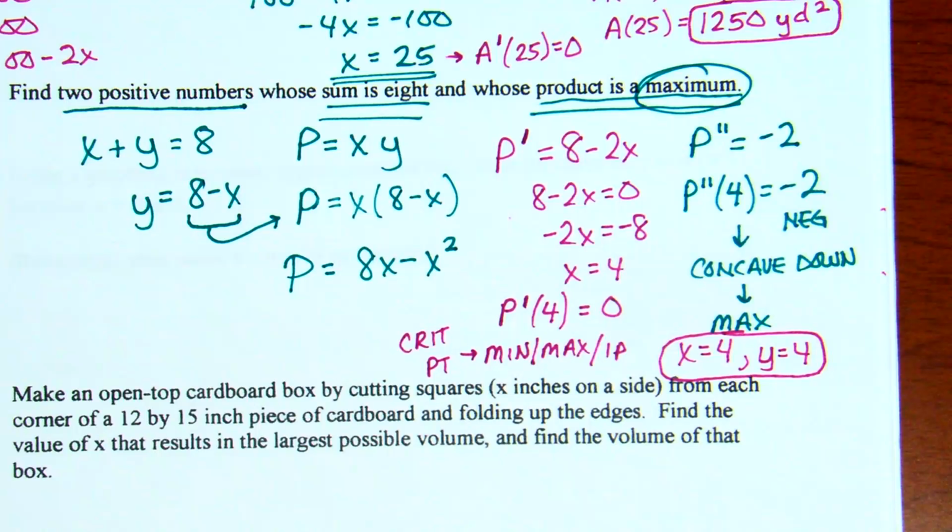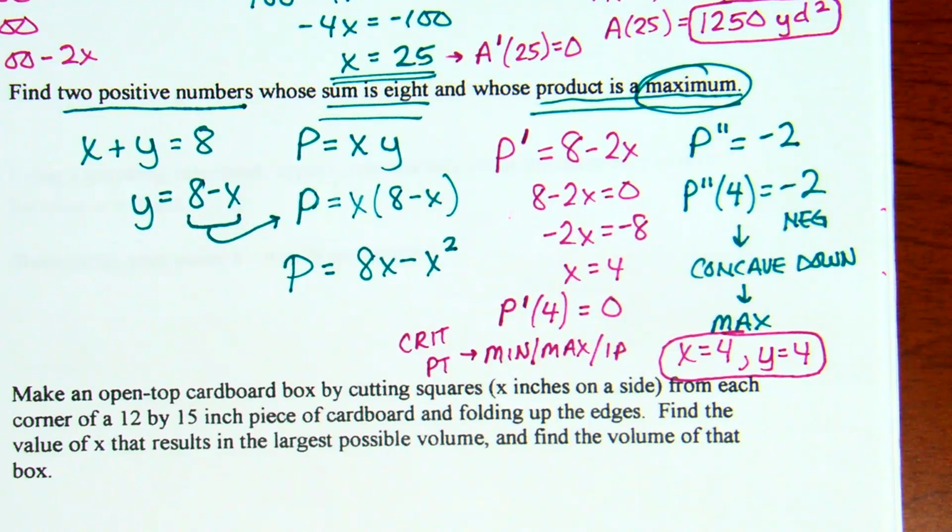Well, I will tell you, when you are trying to maximize something in this situation, it is very common that your maximum is actually a square. Does that make sense? Okay.